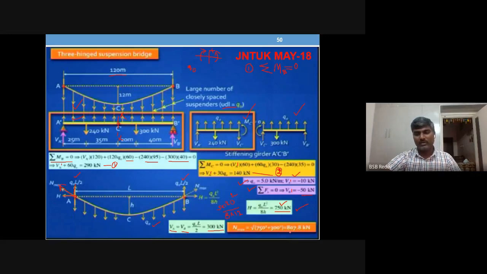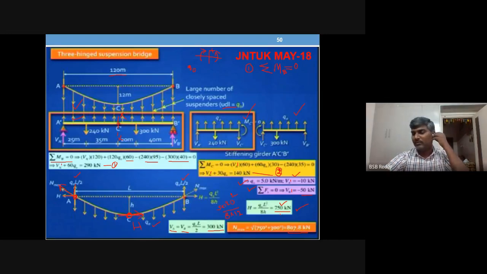So with 300 square, that will give you the maximum tensile force in the cable at the support. That is 807.8 kilonewton, the maximum tensile force in the cable, which occurs at this support. Minimum tensile force will occur at this location, at the maximum sag point. Here the minimum tensile force occurs, and that minimum tensile force is equal to the H value.